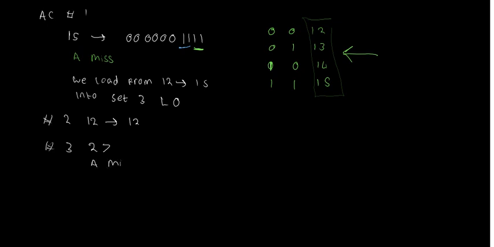We convert this to binary, which is 0 0, then 0 0 0 0 0 1, then 1 1 0 1 1. So this is the binary representation of 27. I've added an extra bit, haven't I?